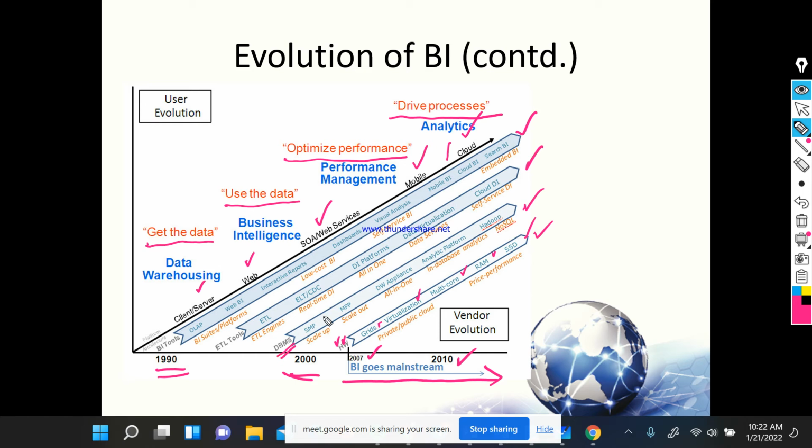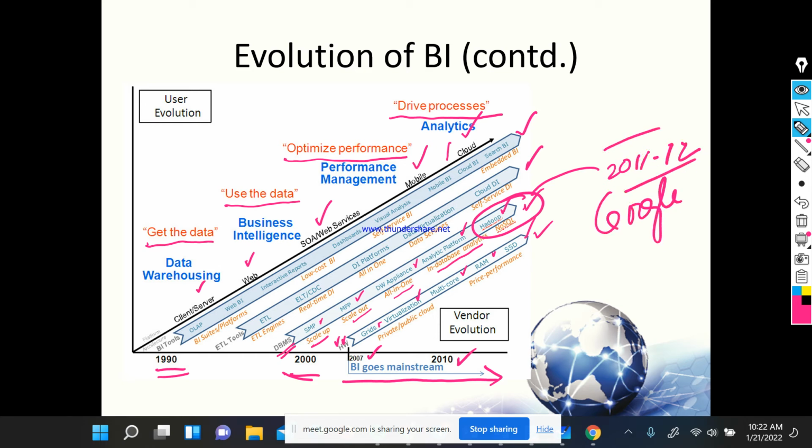DBMS database, you see SMP, MPP, DW applications scale up, scale out, all in one, in database analytics, analytic platform, Hadoop. Hadoop was ultimately introduced by the year 2011-12. And it's actually by Google, so we will be doing Hadoop also.